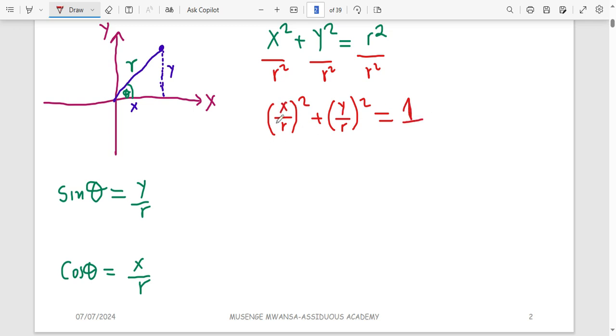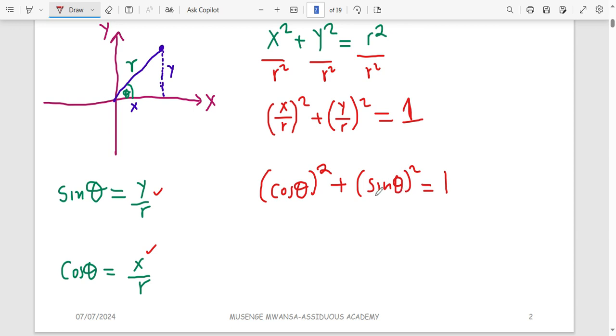But x over r is cos theta, so I substitute cos theta there, squared. And y over r is sine theta, so I put sine theta there, squared, and this is equal to 1.